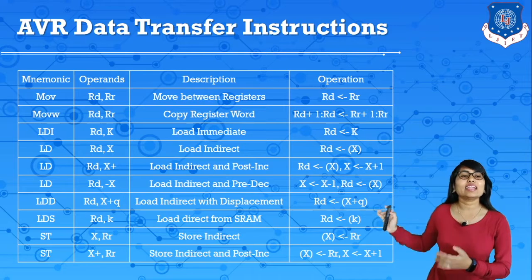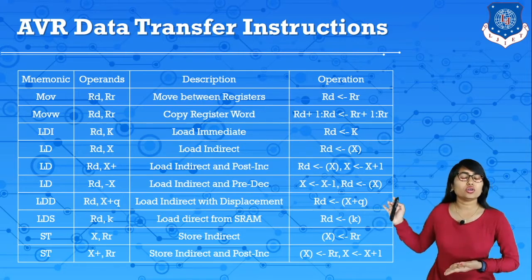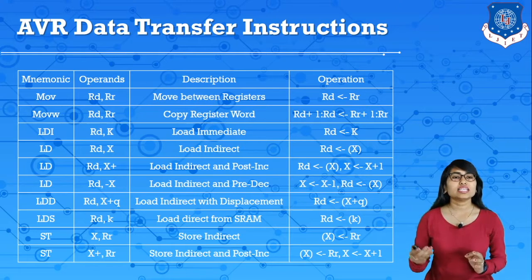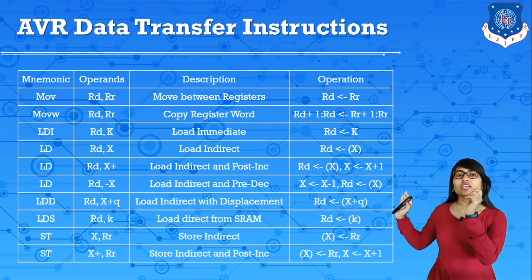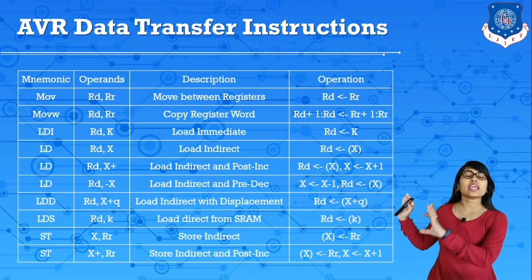So LD RD, X. Here we can use either X, Y or Z, because these are for indirect addressing modes. The content of X is not copied, but whatever is at X is used as our address, and at that address location our actual data is stored.